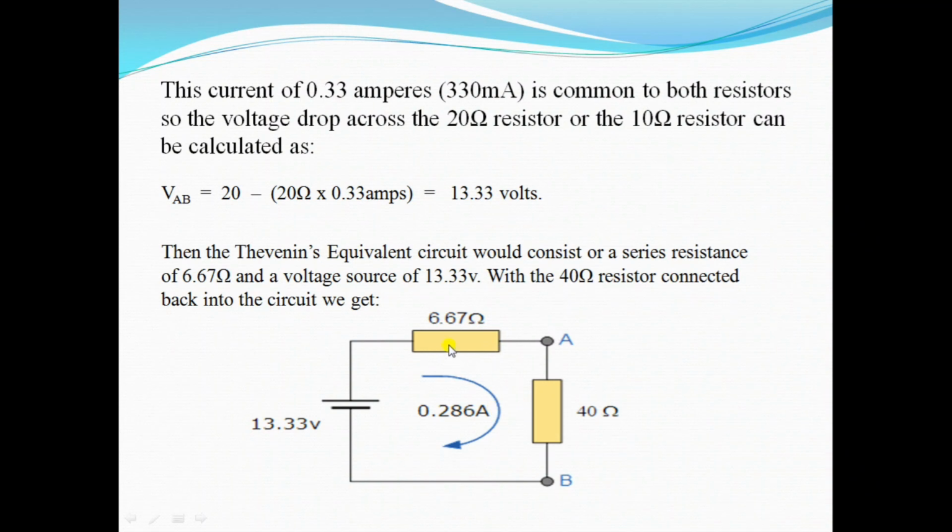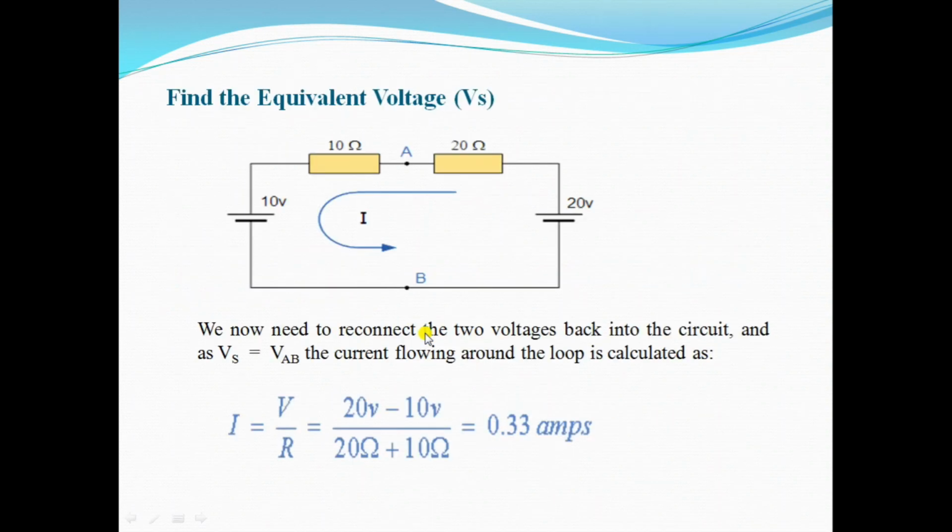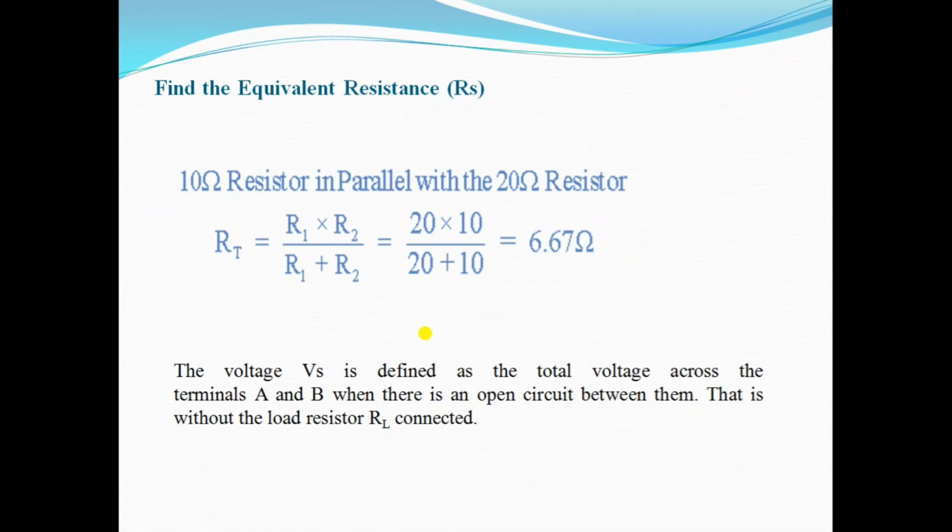Then I have the total resistance, RS or RTH, as 6.67 ohm.